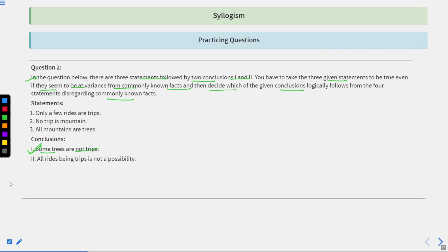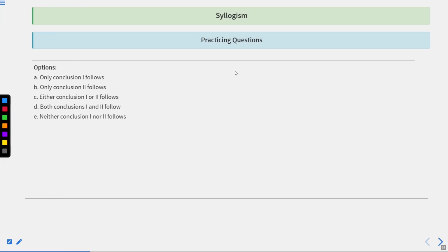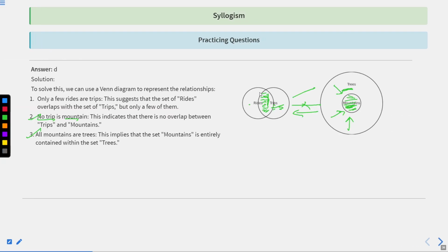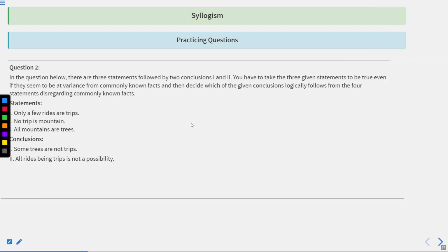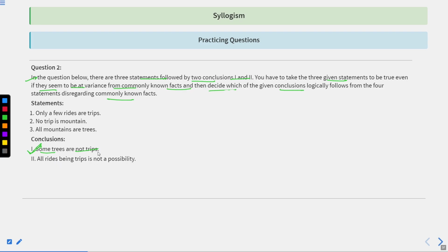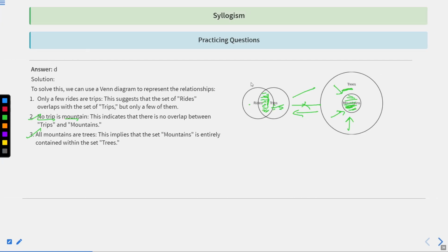Because all rides being trips is not a possibility. Is the rides portion, this ride circle, completely inside the trips? No. So the statement is saying all rides being trips, that all rides are trips, this possibility is not there. So this is also true because some of the rides are trips.